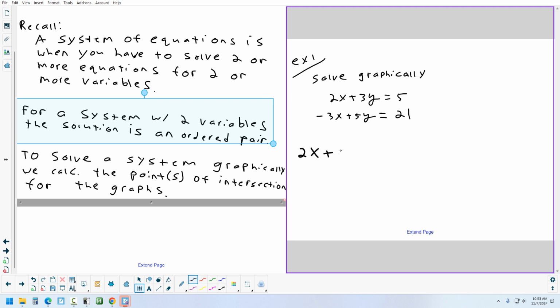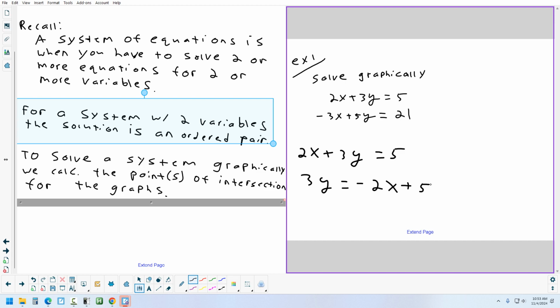Let's start with this one. Each of them are going to have 2 steps. What's my first step there to get y by itself? Yeah. Subtract 2x. Okay, so I'm going to subtract 2x, and I'm going to write it that way because we're getting towards something that's going to be in y equals mx plus b.